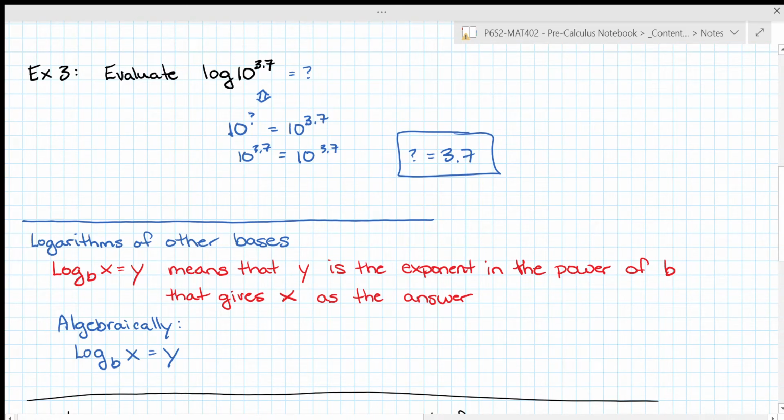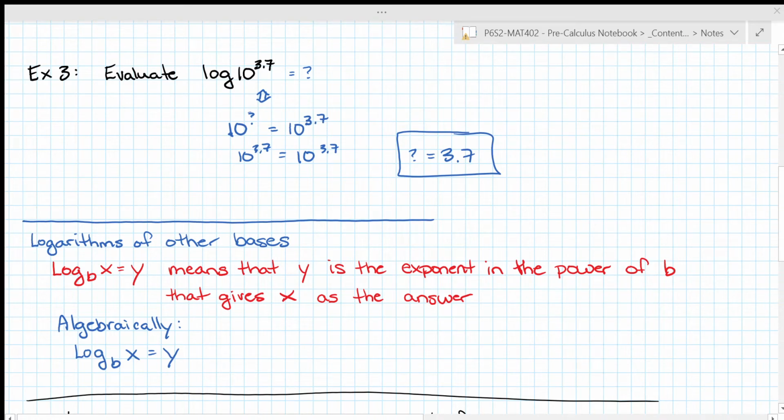So if you see something written like this, log base b of x equals y, that means that y, this output of the logarithmic function, is the exponent in the power of, in this case, b, that would give you x as the answer.